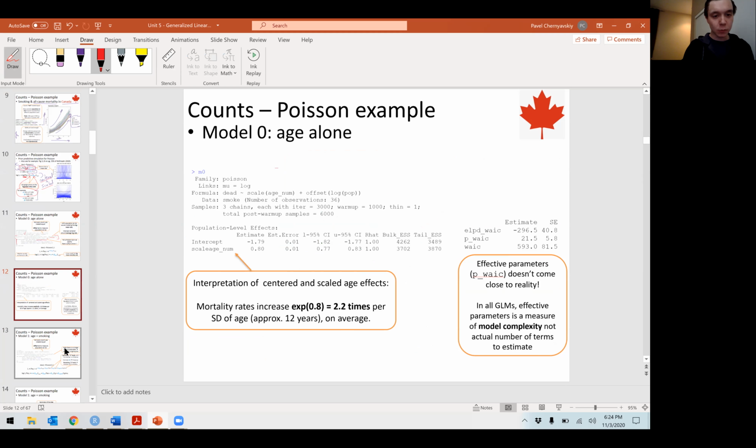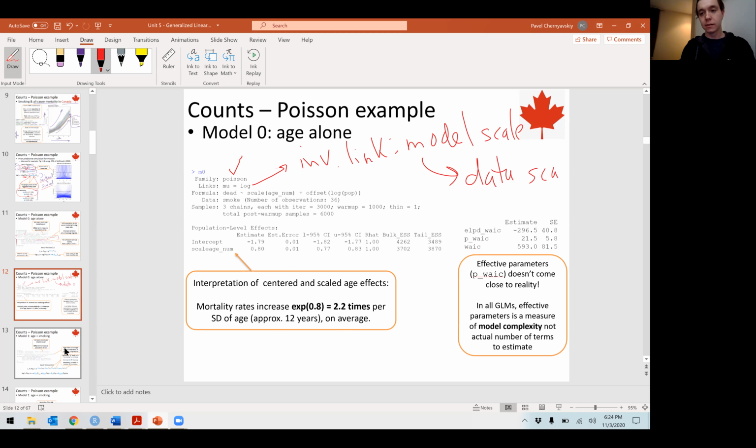The output reminds us what we set our GLM family to be. The output reminds us that the link function was log, and that means the inverse link function, the one that maps from the model scale to the data scale, is then the exponential, okay?